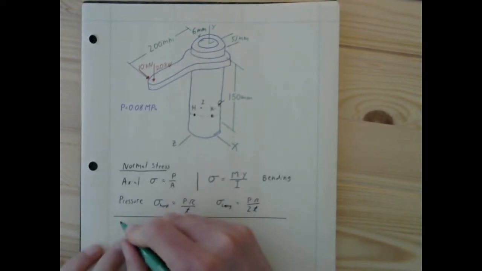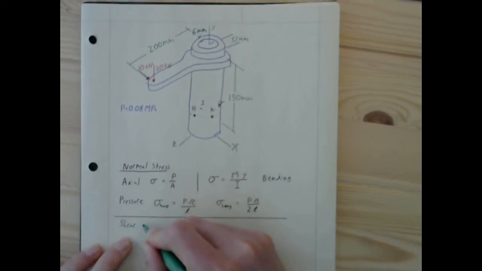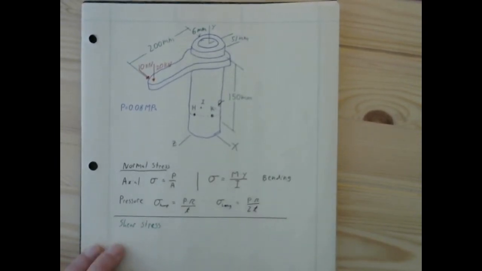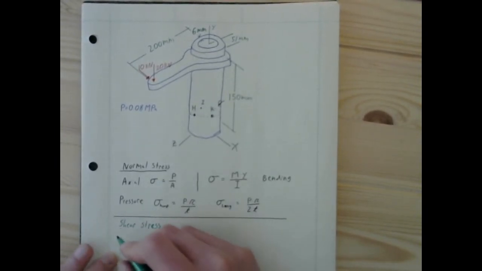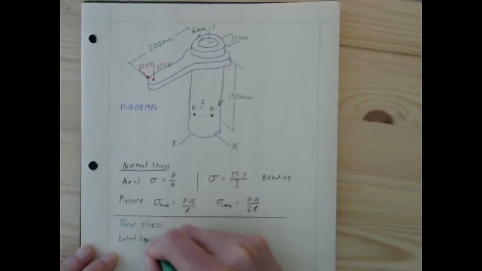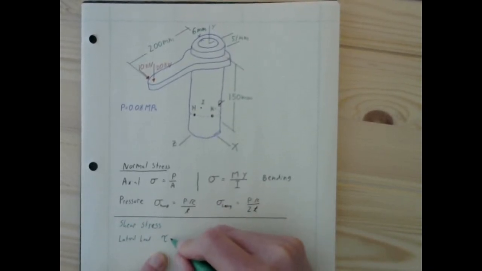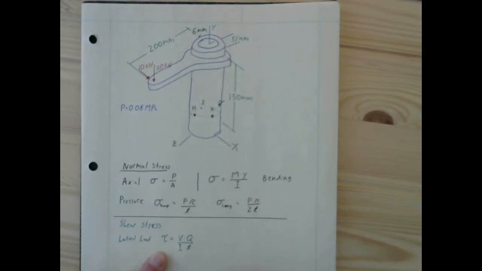For the shear stress, we're going to have some from good old lateral shear, sort of classic shear, and that's going to be that the shear stress is equal to V times Q, that's the first moment of the area, divided by the second moment of inertia and the thickness.